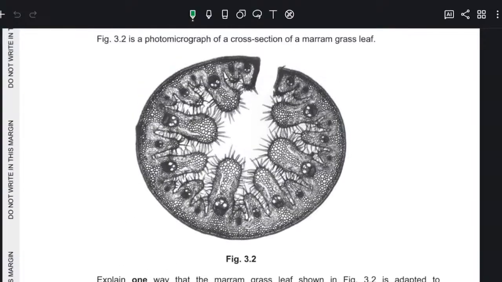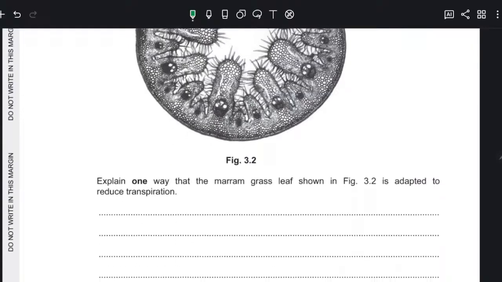One, you can talk about the folding. This leaf is folding inside. Look at how it's hiding. The inner surface is folded in like this. So you can say it like that. Or you can say sunken stomata. Stomata in pits, inside pits here. So explain one way. Let me try to use something else because we already talked about sunken stomata.